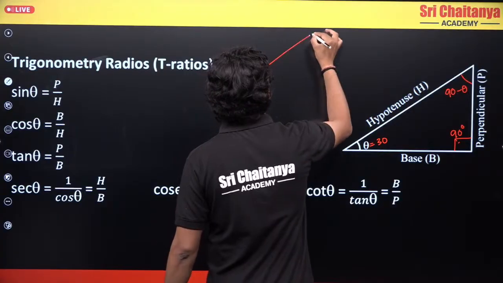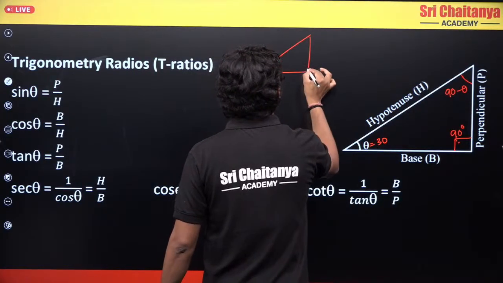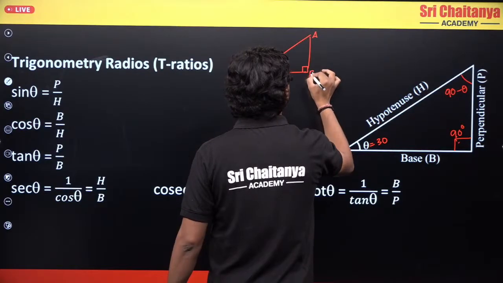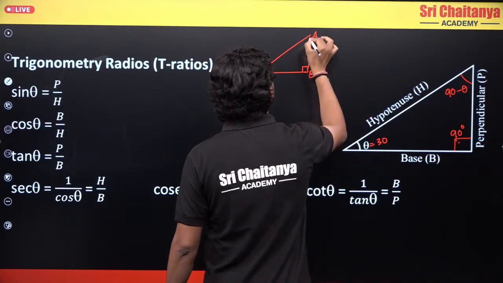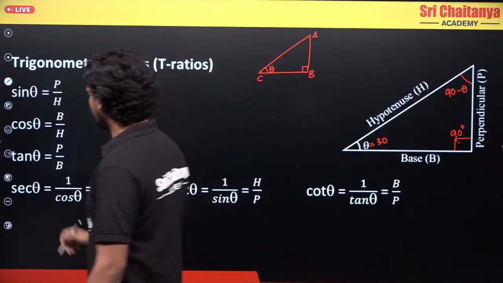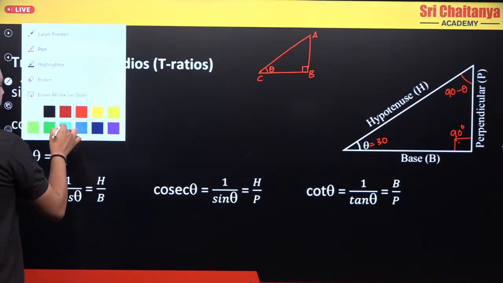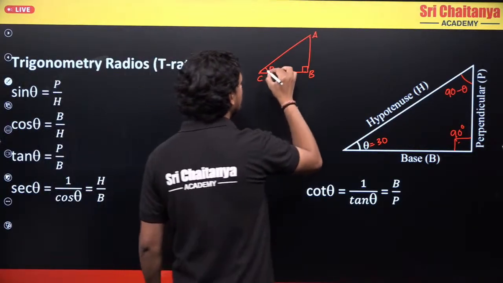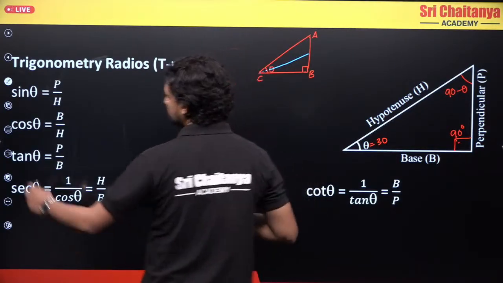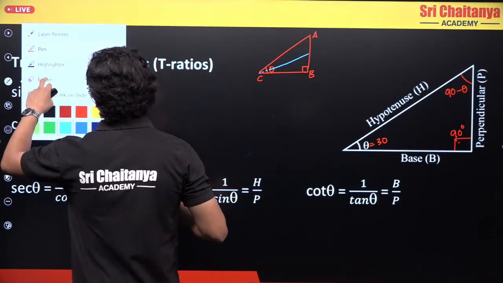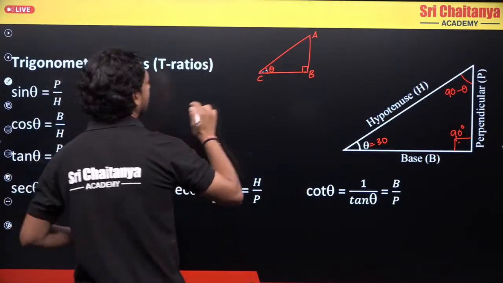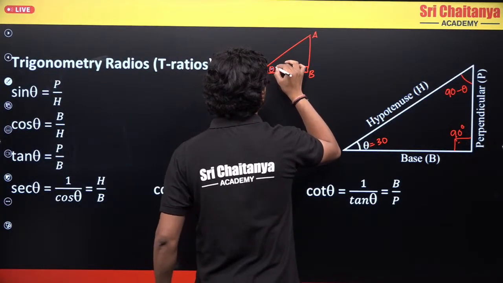Let's say we have this triangle, right angled at B, with vertices A, B, C, and this angle is theta. Then with respect to theta, the opposite side is known as the perpendicular.